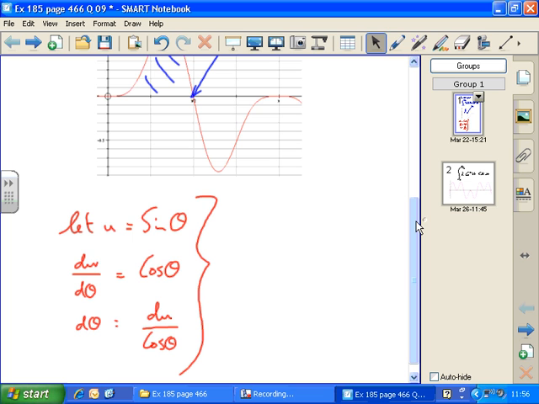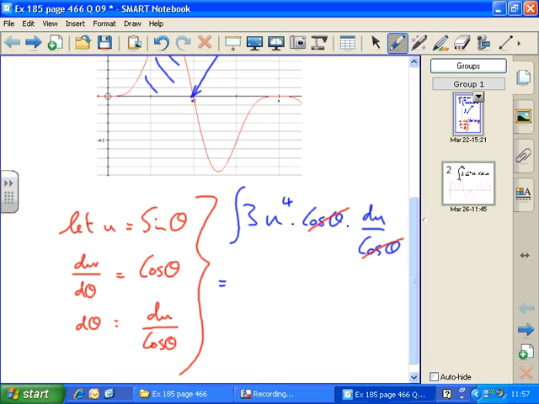So we can put this information into the original integral, and we get the integral of 3 u to the 4, because we've let u equal sine theta, times cos theta du over cos theta. So that means, as required, the cos theta, the theta variable, disappears, and we're left with just 3u to the 4 du.